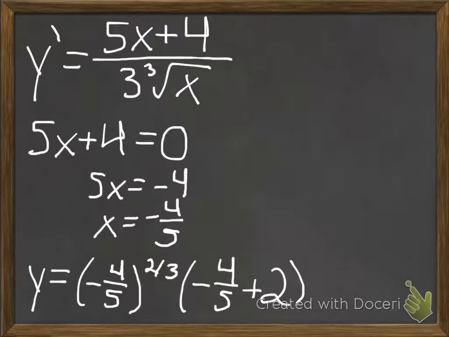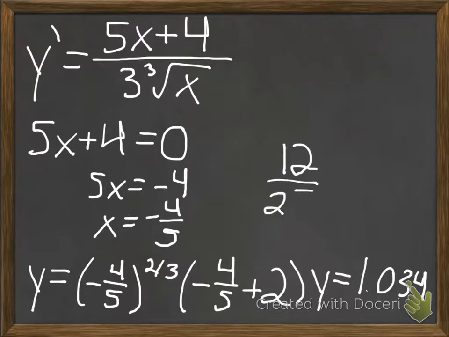And you can do this all by calculator, and what we got is 1.034, which the book somehow simplified to 12/25 times 10 to the 1/3 power.